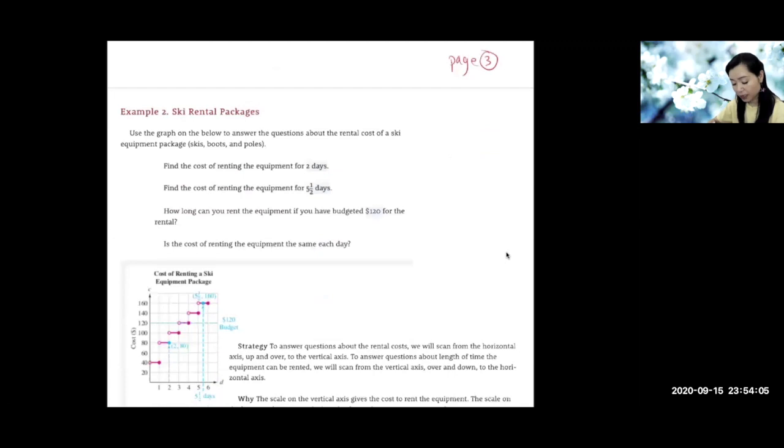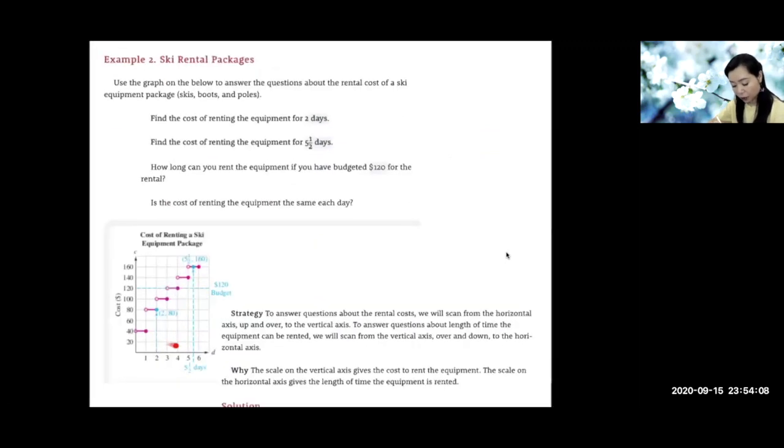For example, in this one, we label the horizontal axis D, which stands for the number of days, and the vertical axis C, which stands for the cost of renting a ski equipment package. Notice that here there is an open dot, and over here a solid dot. Use the graph to answer the questions about the rental cost of a ski equipment package.